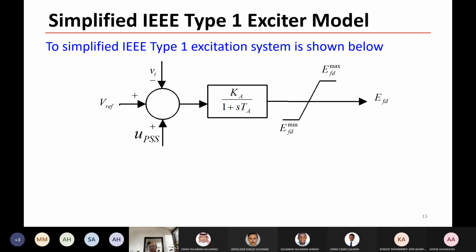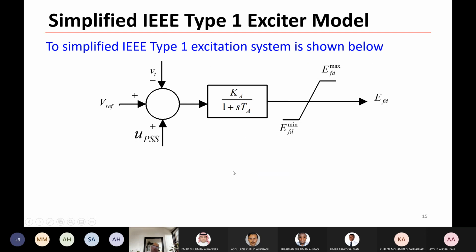What we will consider here in our study is to approximate the excitation system to what we have here in the block diagram. We eliminate the saturation, we eliminate the stabilizing transformer, and the exciter we assume it.